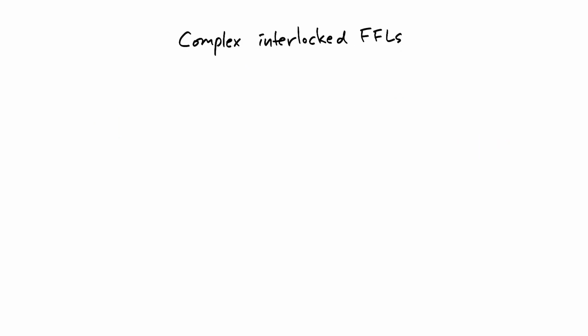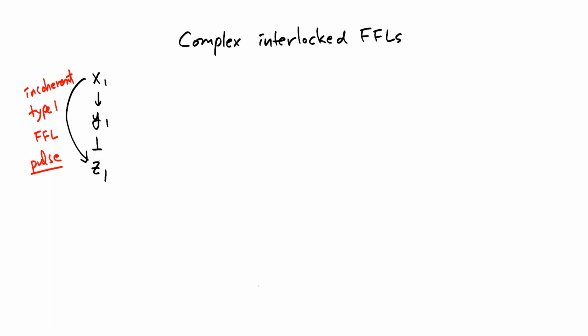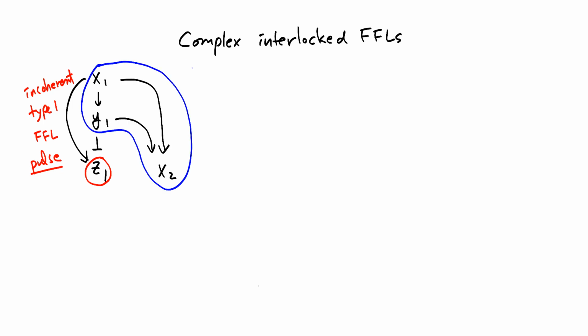Now, I'm going to talk about complex interlocked FFLs. We have X1 activating Y1, and Y1 inhibits Z1, while X1 is activating Z1 directly. This is incoherent type 1 FFL, which causes pulse-like expression of Z1. X1 and Y1 also activate X2, and this is coherent type 1 FFL.